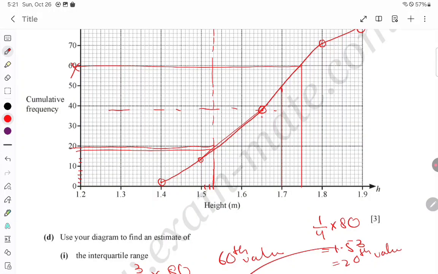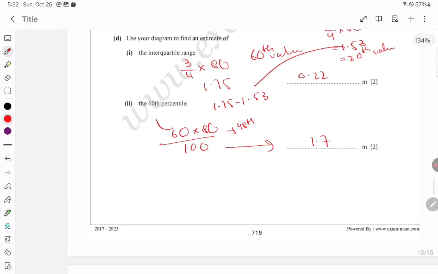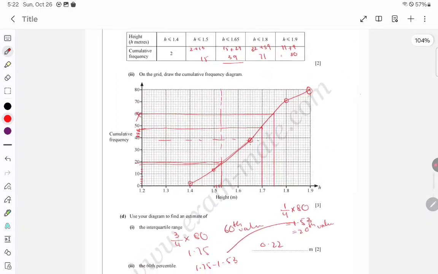It will be slightly here. We can consider this is our 48. So on the 48th value, it gives the answer of 1.7 meters. So this is the end of the question.